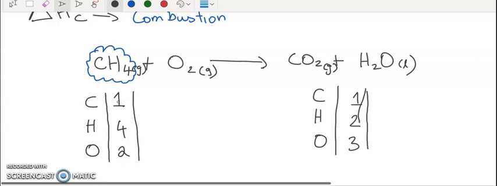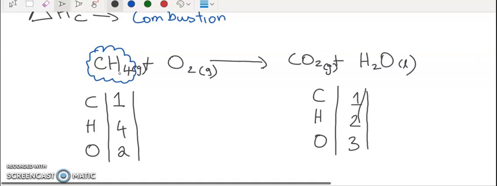The elements that are new, this could be magnesium, this could be sulfur, this could be anything. Then comes hydrogen, then comes oxygen. Always balance the oxygens last and the hydrogens second last. Don't try to balance these at first. So let's start with carbon. Carbons are balanced.